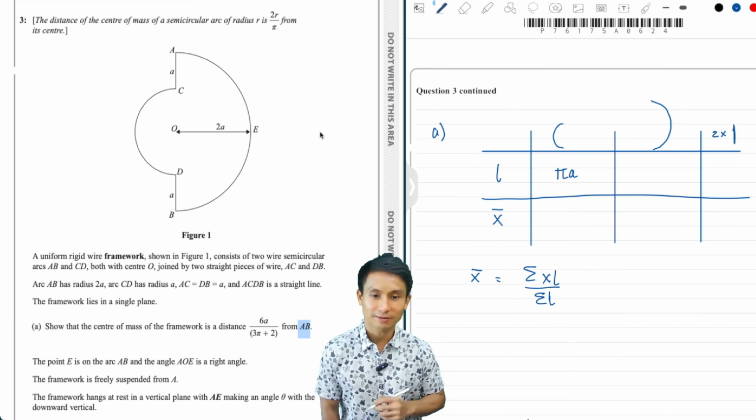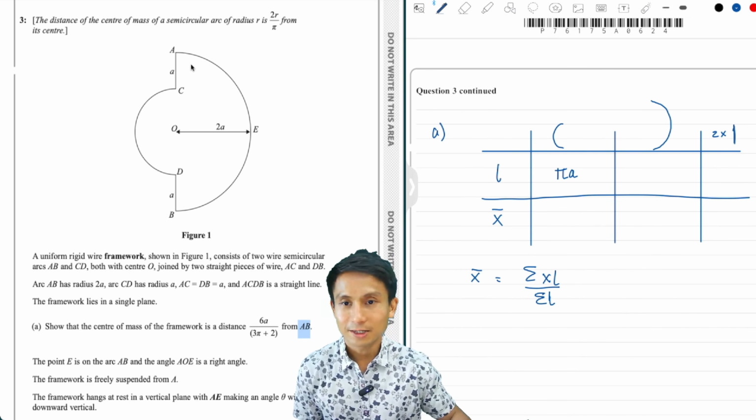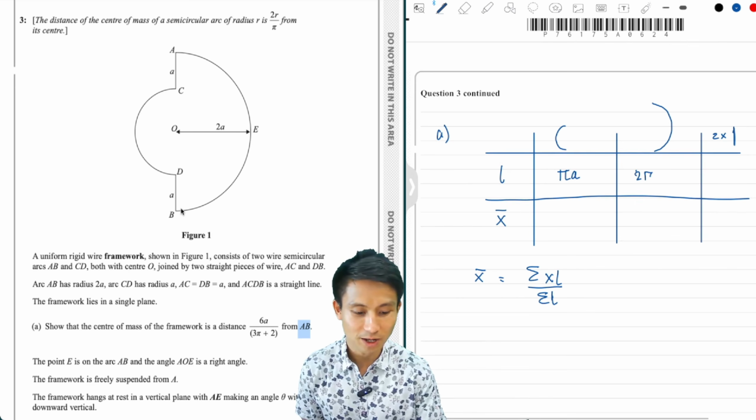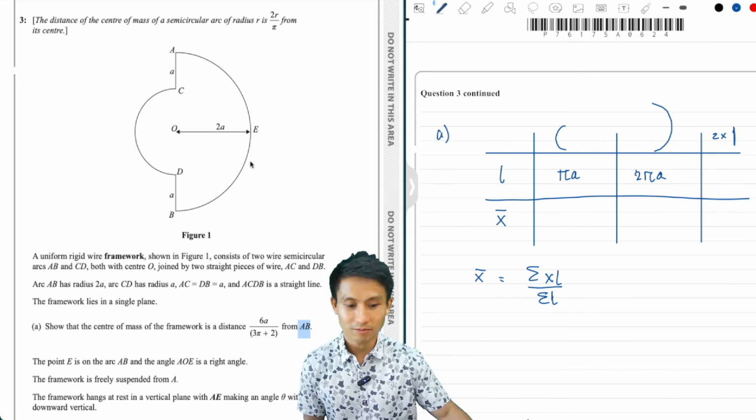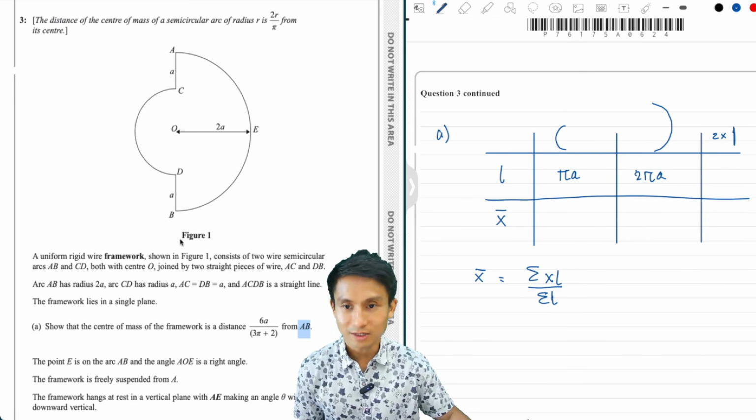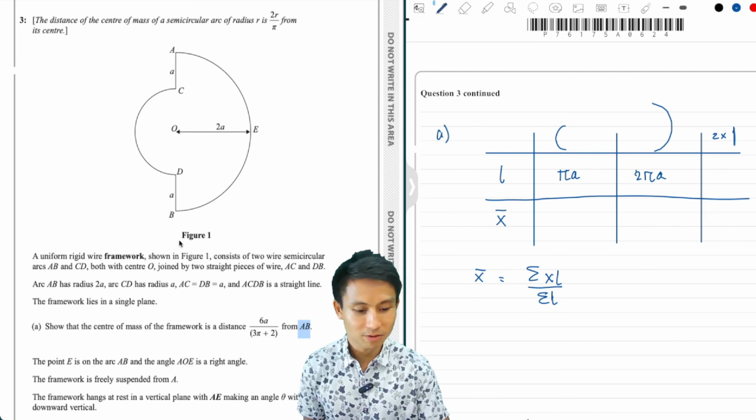That's just pi A. And this one is just pi 2a, yeah? So 2 pi a for the bigger one. And these two, well, I'm going to multiply by 2, so together all of them is 2a, right?